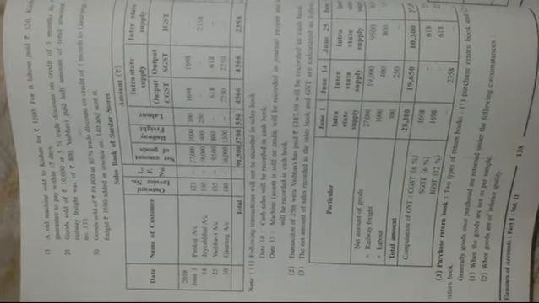Again in this transaction nothing is mentioned whether this sale of goods is done within the state or outside the state, so that's why you have to assume that the sale of goods has taken place within the state. Therefore CGST and SGST would apply. So now calculate 20% of 36,000, you will get 2,250.